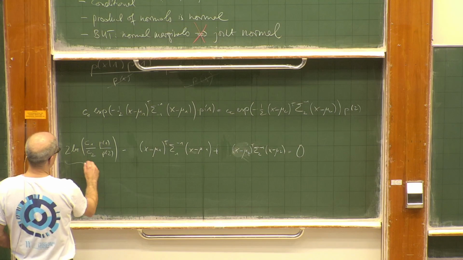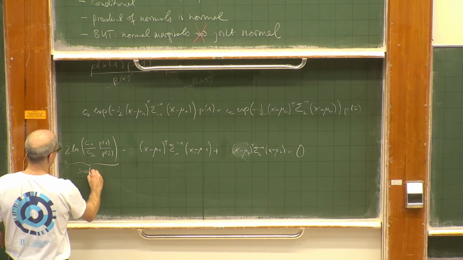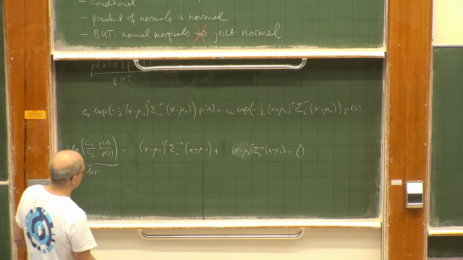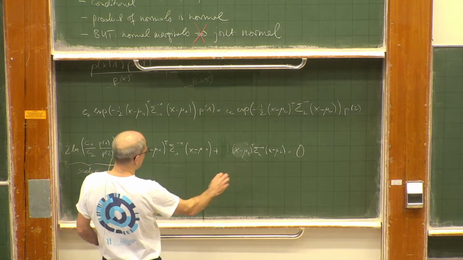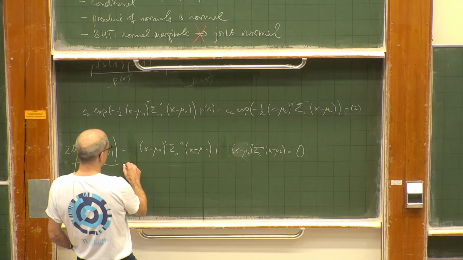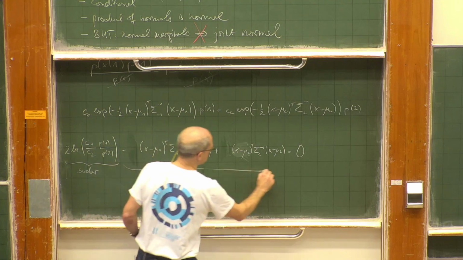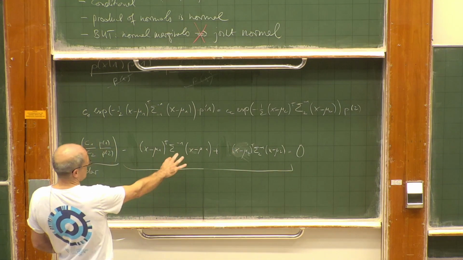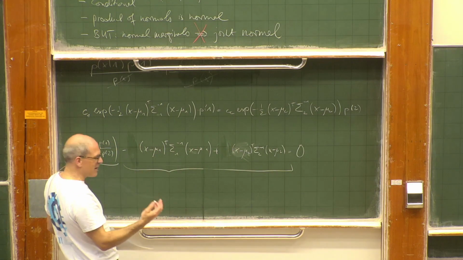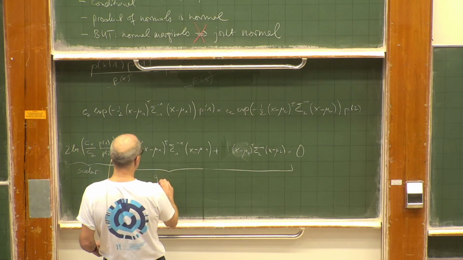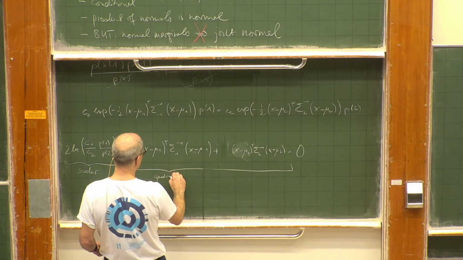Then what we have here is a scalar, and what we have here is an expression where products of x appear, so this is an expression which is quadratic in x.